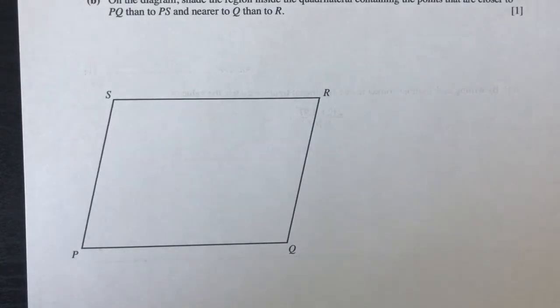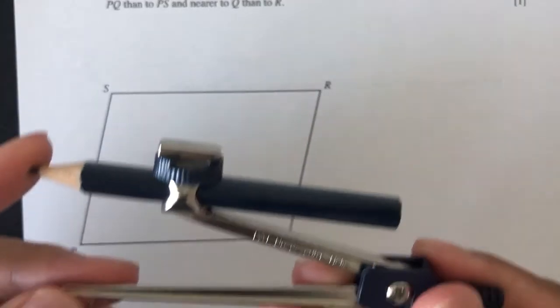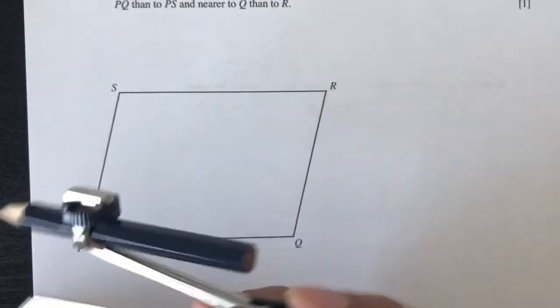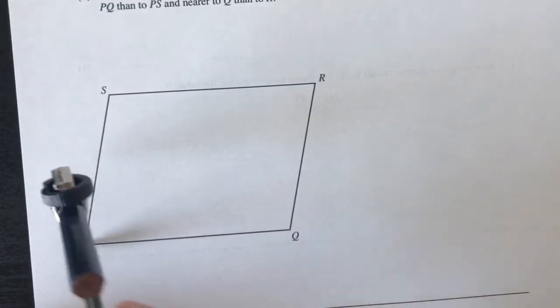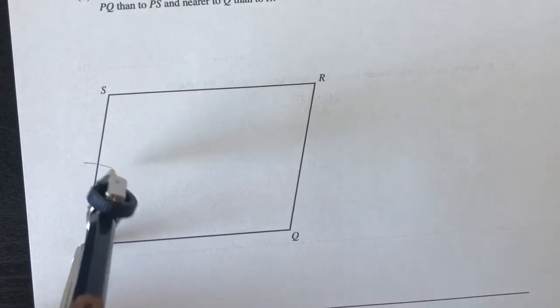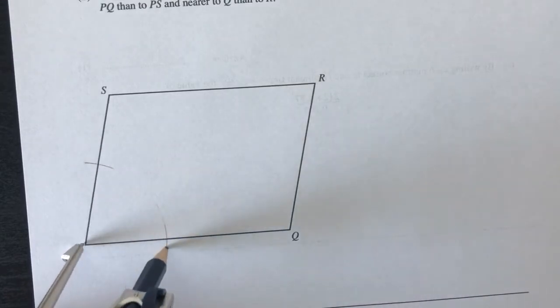The first thing we have to do is to cut our lines PQ and PS. So let's measure a length using your compass. Go to point P and cut the line PS and the line PQ.